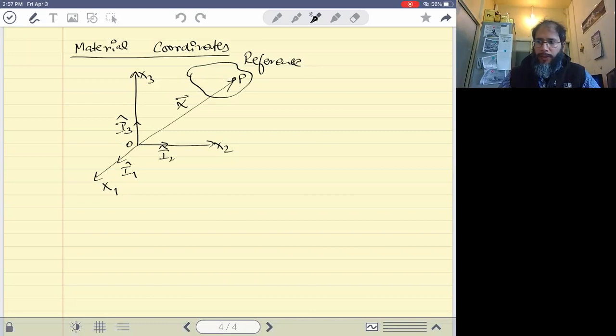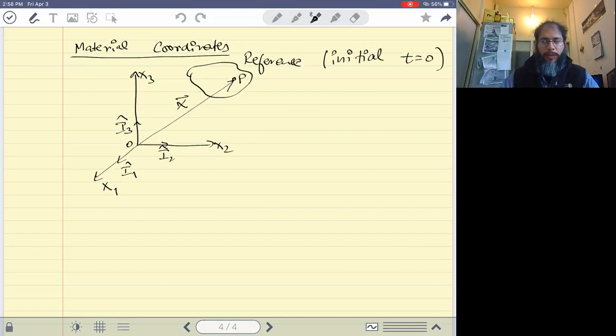So remember that you have a reference coordinate system, or the undeformed coordinate system, and then you have the current coordinate system, which is the current configuration where the body is at any time t. So we took the reference as the initial one, which is at t equal to 0.